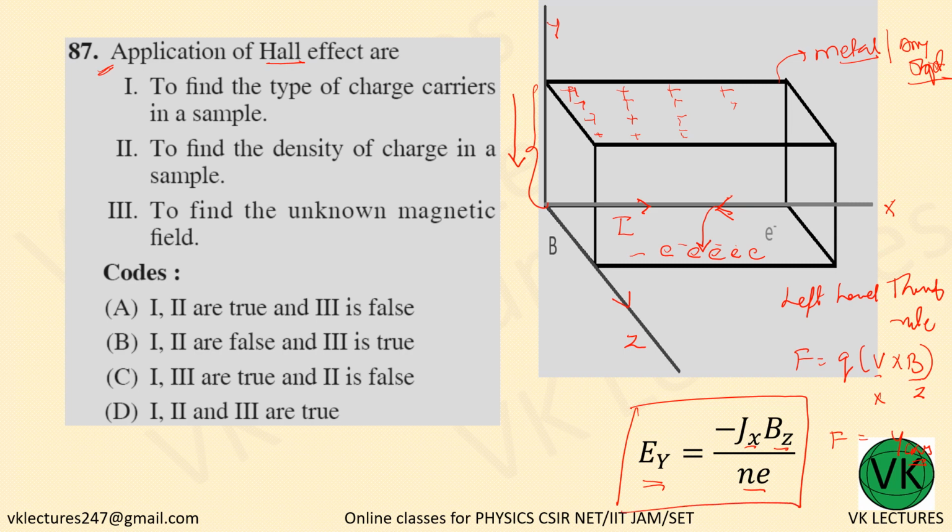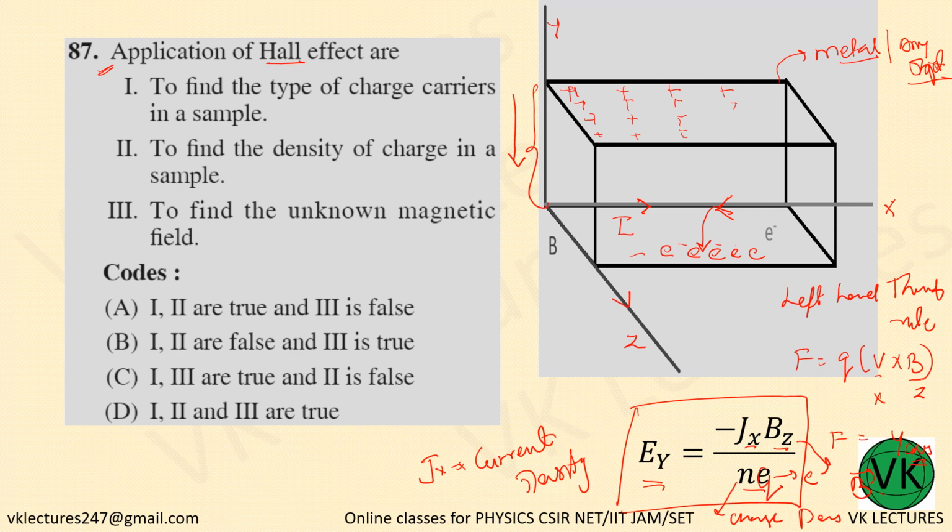It is proportional to Jx, where Jx is the current density, and Bz is the applied magnetic field. N is the charge density, and E is the charge of the electron, or you can write Q if you are not sure about the charge.